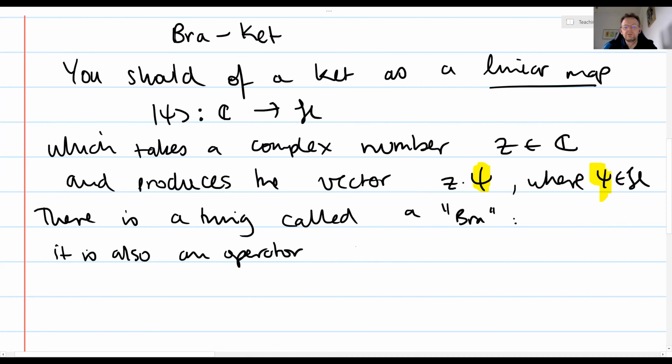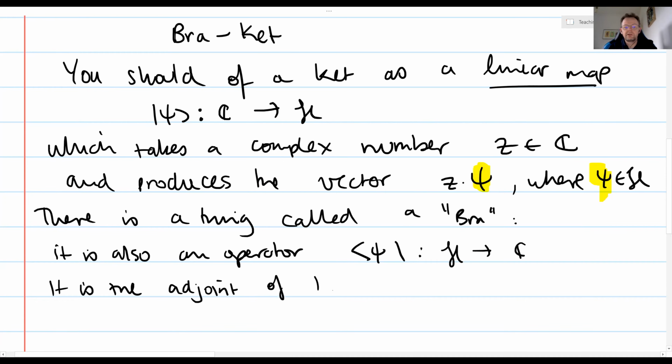I get complaints from my students that they can't understand my bra and ket notations, so I try and draw it better. So a bra is also an operator, psi, but with the angle bracket going the other way. Where does it go from? It goes from H, your Hilbert space, back to the complex numbers. And it's just the adjoint of the ket.